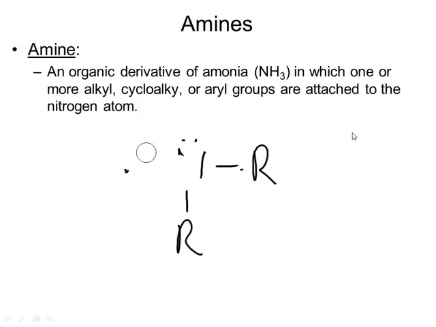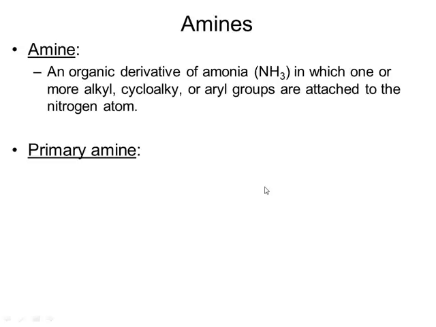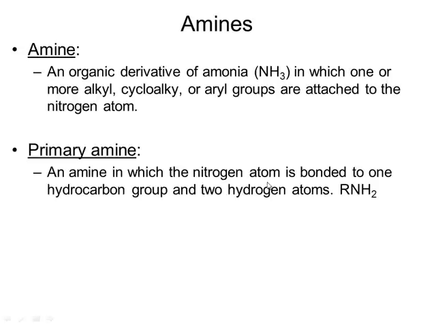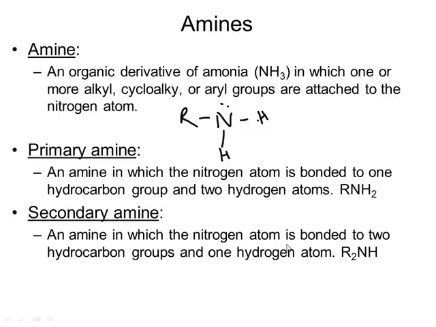So we have three different kinds of amines generally. We have a primary amine, which is an amine in which the nitrogen atom is bonded to one R group and two hydrogens. A secondary amine is where you've got two R groups.